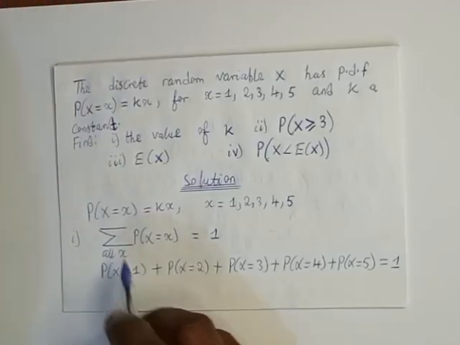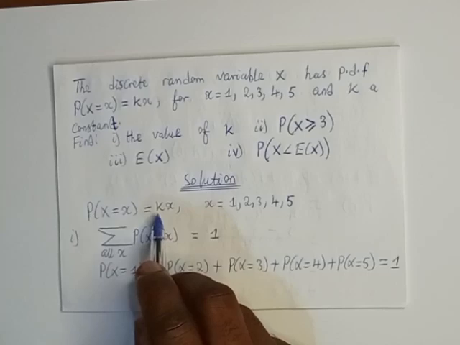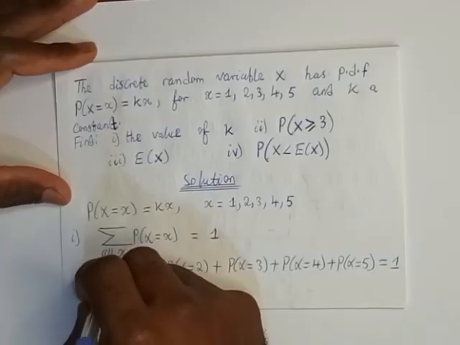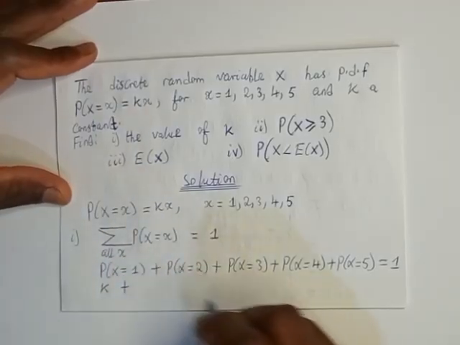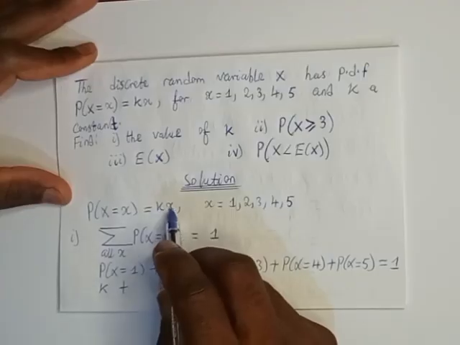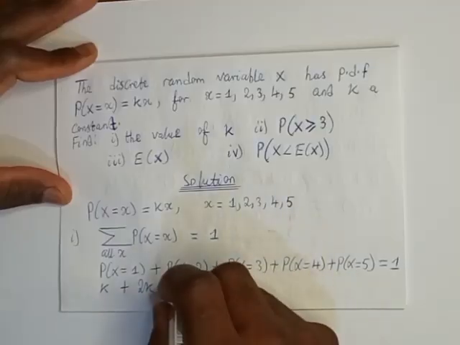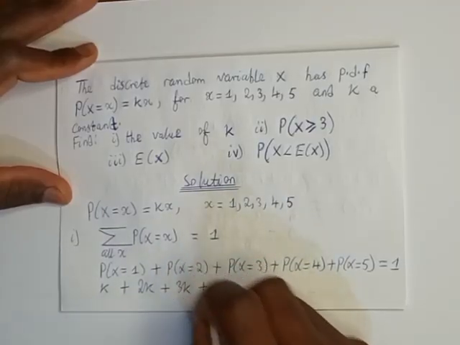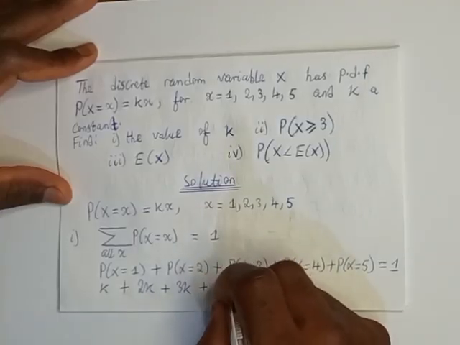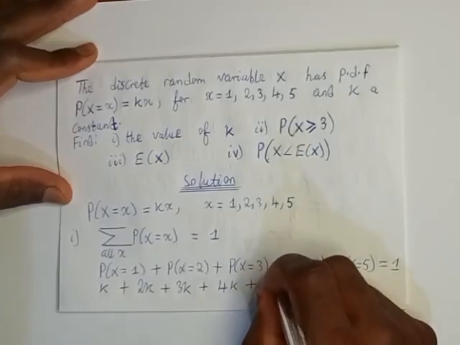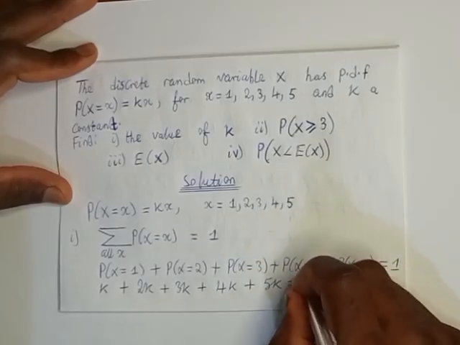When x is 1, this gives us K times 1, which is K, plus when x is 2, 2K, plus 3K, plus 4K, plus 5K, and we equate this to 1.